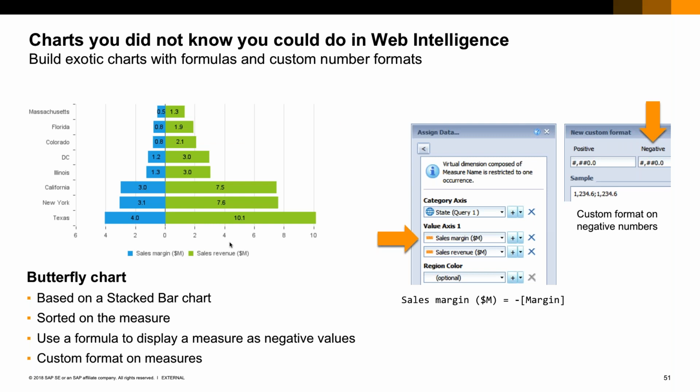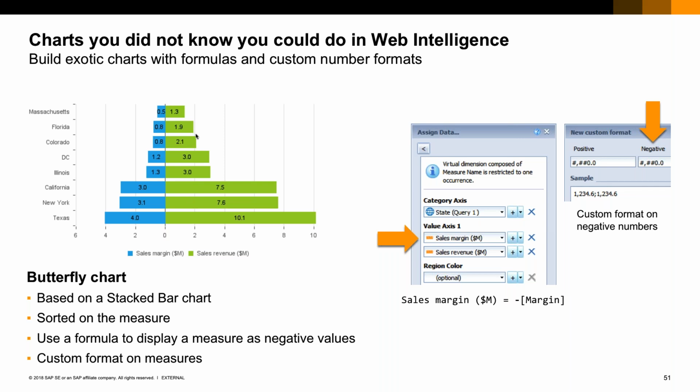Next one is the butterfly chart. We use a little trick here, and this little trick will work only if you don't have any negative values in your data set. The trick is just to use negative numbers for one of the measures. Here I have sales margin, which is a negative value of margin.